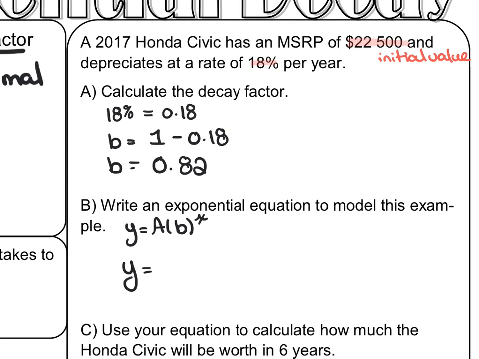A is our starting value, which we got up here, 22,500. B is our, in this case, decay factor, which we just calculated to be 0.82, to the x, where in this case x is each year.